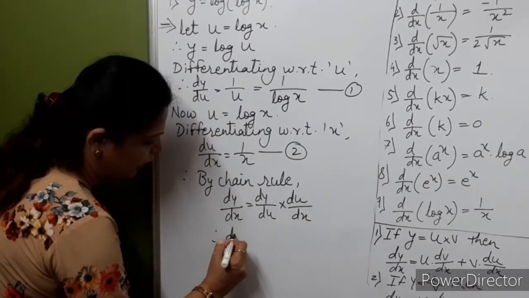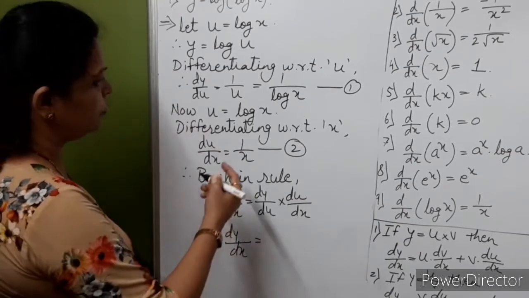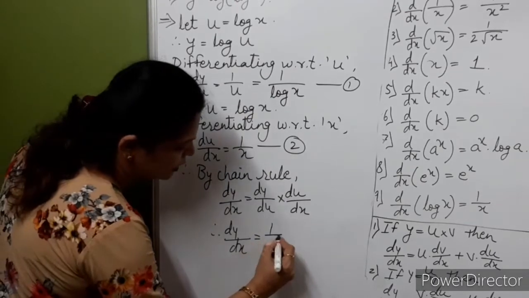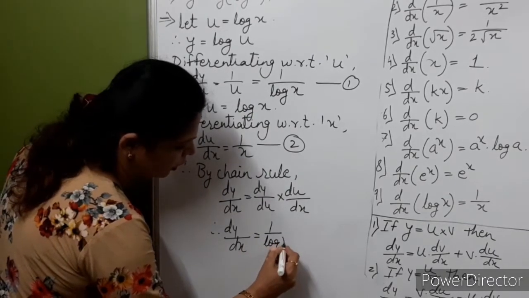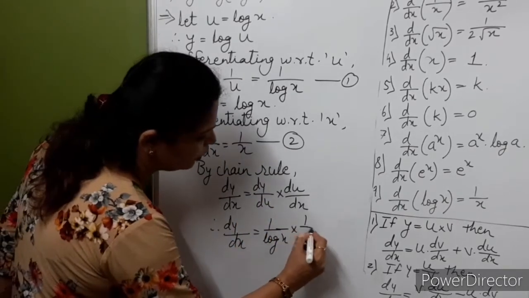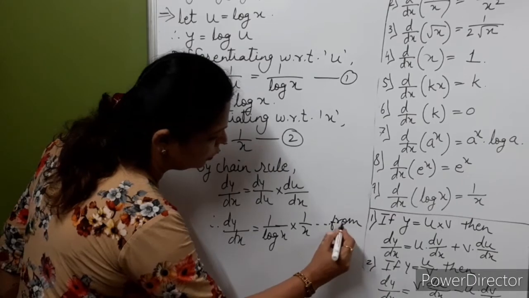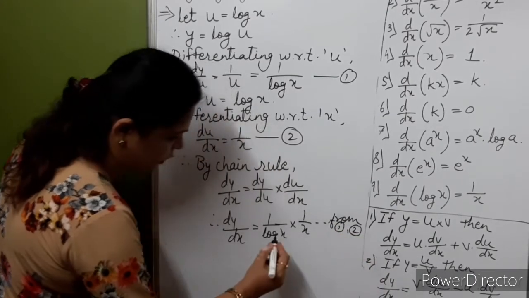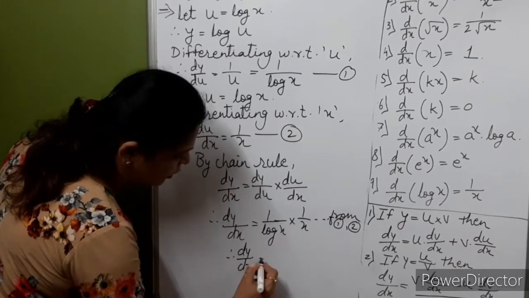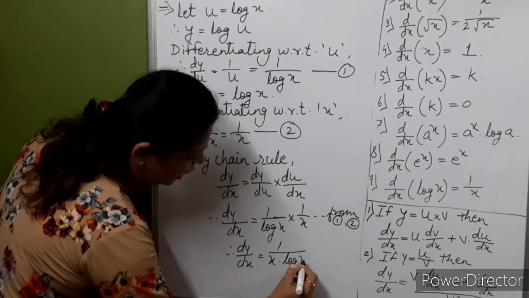So you get dy by dx is equal to, what is dy by du? 1 upon log x, into du by dx we have got 1 upon x. This is from 1 and 2. So you get dy by dx is equal to 1 upon x into log x.